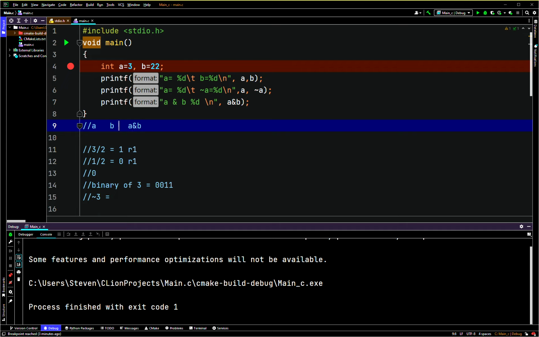And remember, true is 1. True is any number other than 0 pretty much, but it's usually 1. So true corresponds to 1 and false corresponds to 0. In circuits, true can be 5 volts and false 0 volts.